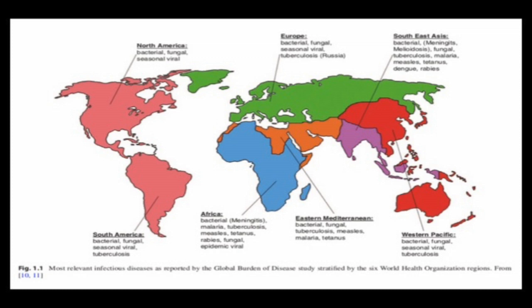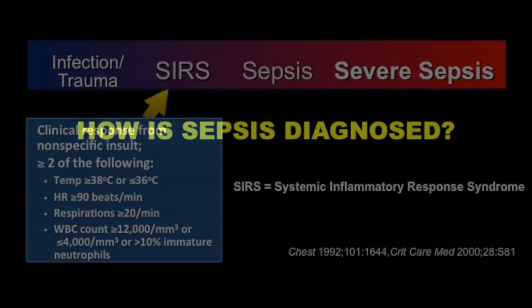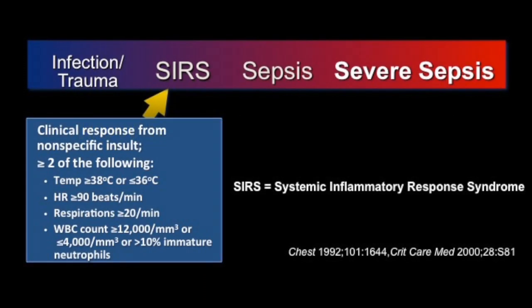Okay? How is sepsis diagnosed? How do you know if a patient's septic or not? Rapid diagnostic test, point of care, right? SOFA score. Okay, you stole my thunder, seriously? We used to use clinical criteria called SIRS, and this basically meant you were initially dealing with a clinical response from a non-specific insult, and all vital signs based except for the white count, okay?